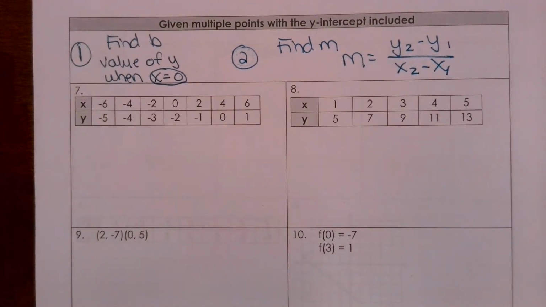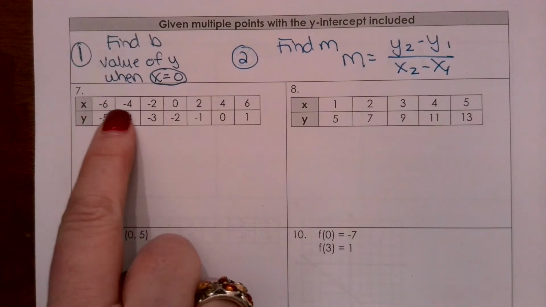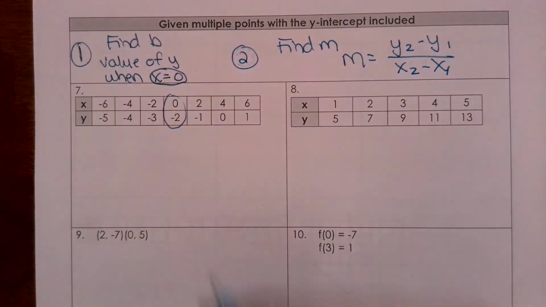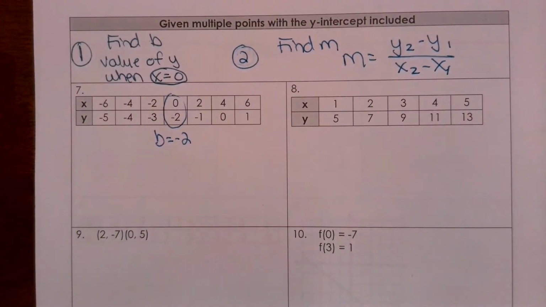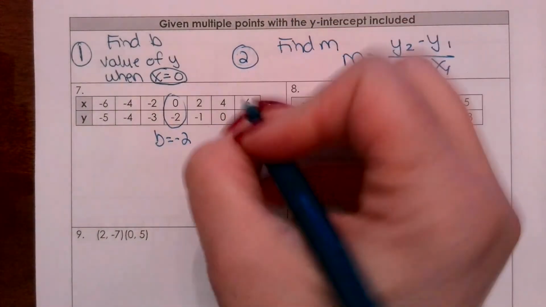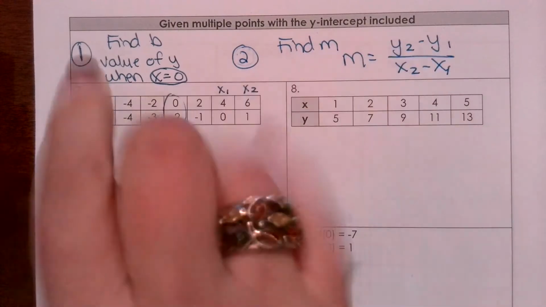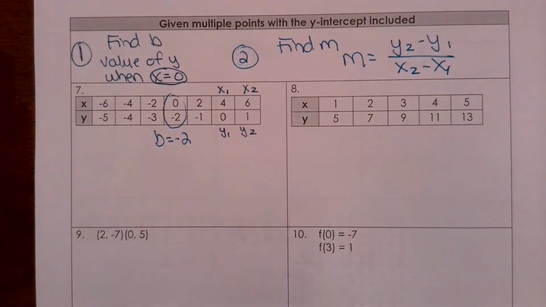Okay, first thing I want to do is find b. I want to find that value of y when x equals 0. Let's see where x equals 0. Here it is, x equals 0 right there. So b equals -2. Now I'm going to find my slope. I need to label some points: x2, x1, those are my x values, y2, y1.